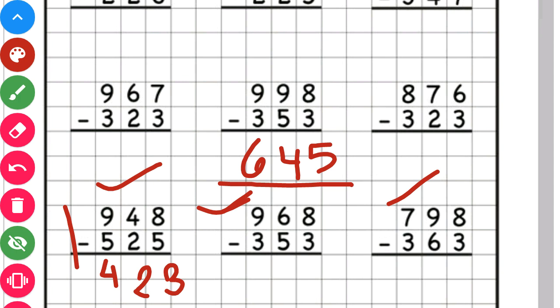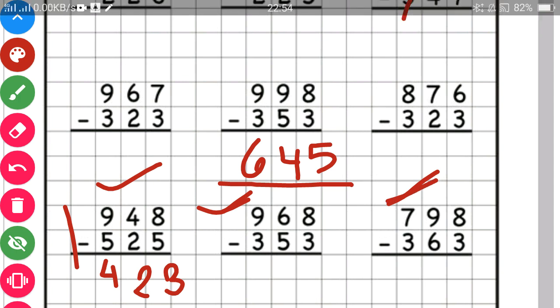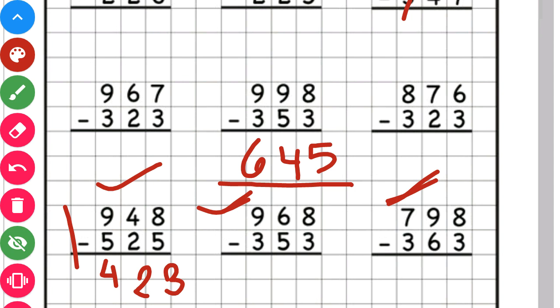This question and this question. Solve this question fast. Completed?